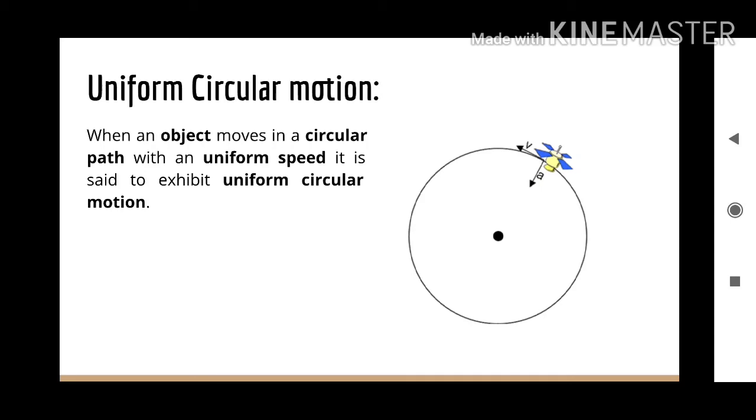That gives the directions of those two parameters. V is velocity and A is acceleration. These two arrow marks show that velocity and acceleration are perpendicular to each other. But our matter of interest here is acceleration.